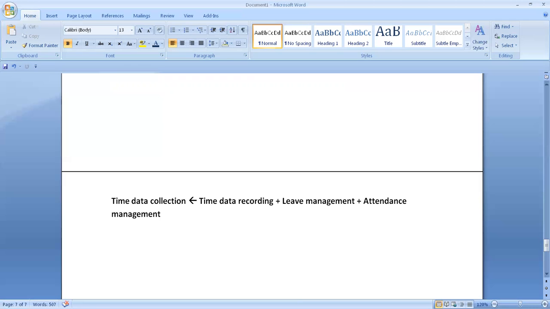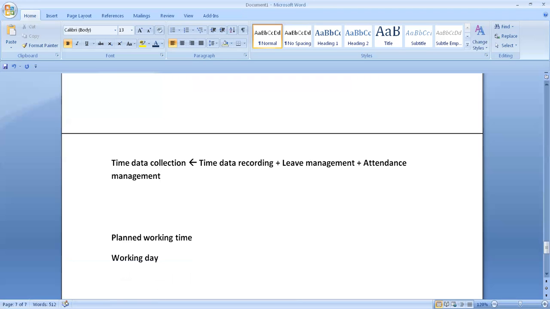Okay. So when we are saying working time, for example, planned working time, you can specify it as two things: working day and day off. Planned working time is of two types, working day or day off.